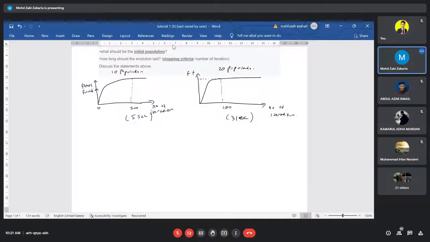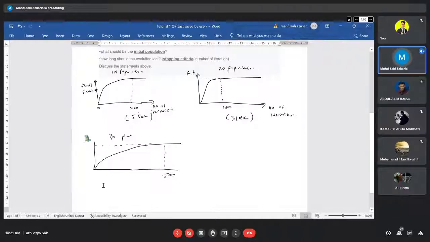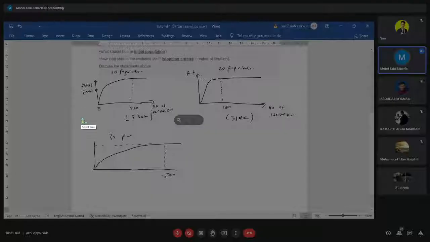Then maybe we can do another experiment, maybe we set 30 population. The graph maybe looks like this. Maybe this one is 500 iterations. We found that at iteration 500, the convergent value is at this point. So 30 population is worse compared to 10 or 20.